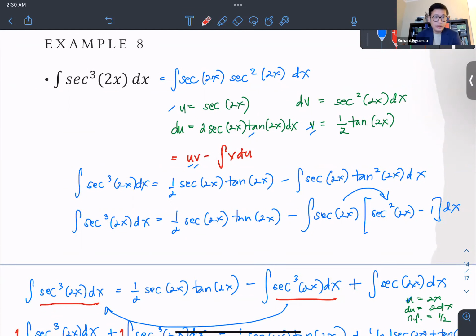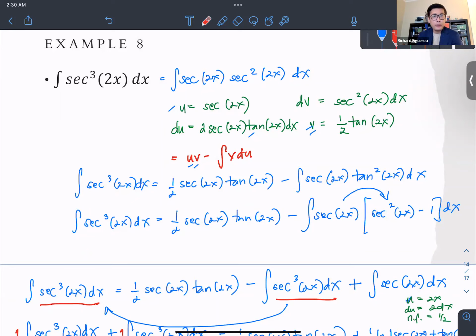And that's the additional technique that we can use for integration by parts. We just have to take a look at how the process goes. If there is a recurring integrand, which is the same as the original integrand, then we can use transposition.